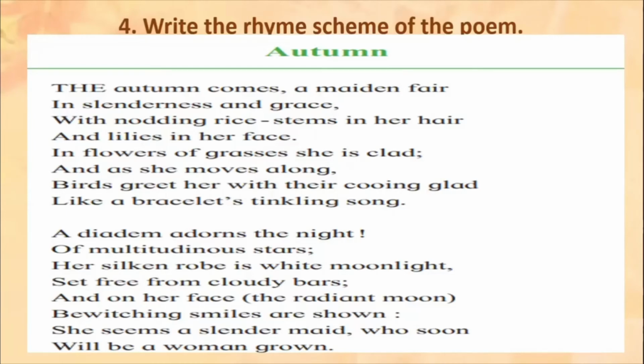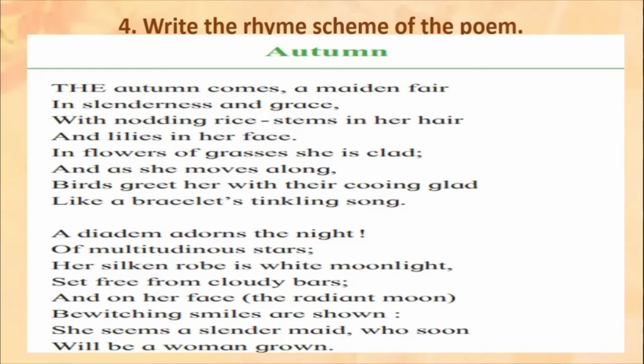So children, let's come to the last exercise that we are going to do for today as part of this poem, and that is writing the rhyme scheme of a poem. Now children, we all know, and we have studied earlier also, that rhyme scheme has something to do with the rhyme. And what are rhymes? Rhymes are again related to rhyming words. Rhyming words means two words which sound similar towards the end.